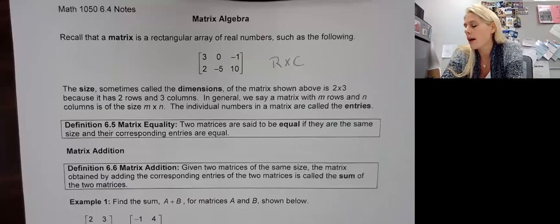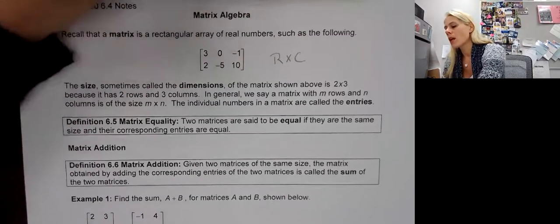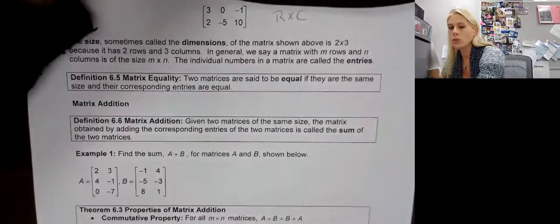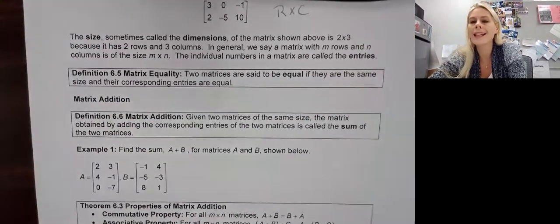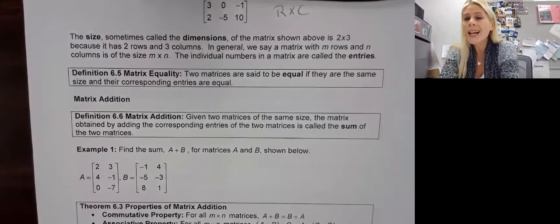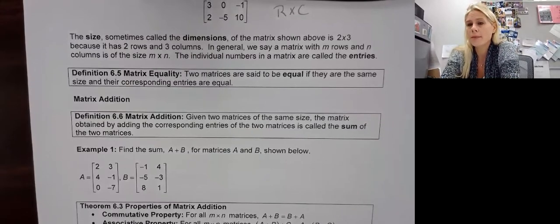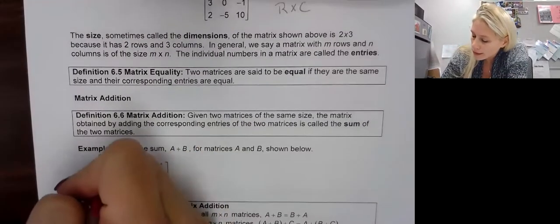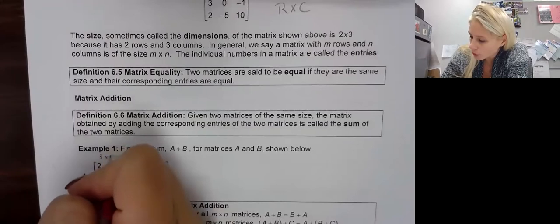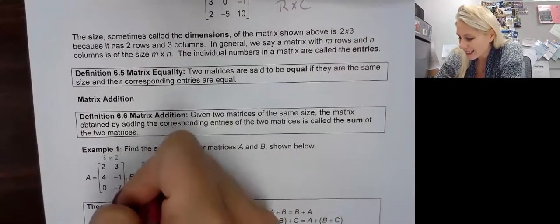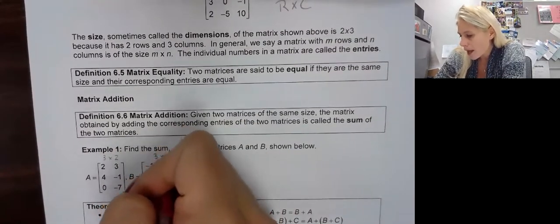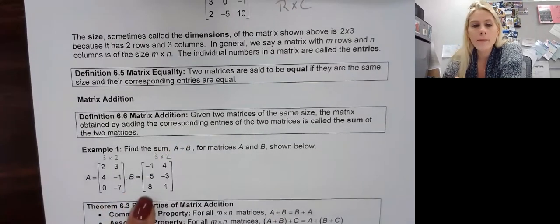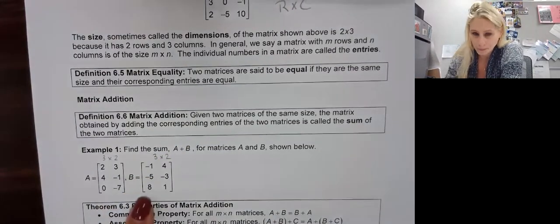So we're going to find the sum of matrices A and B. The first thing you want to do when you find the sum, guys, is they have to be the same dimension. So the first thing you want to check, do they have the same dimension? This, of course, is a 3 by 2. And this one is also a 3 by 2. And because they are the same, that means we can add them.